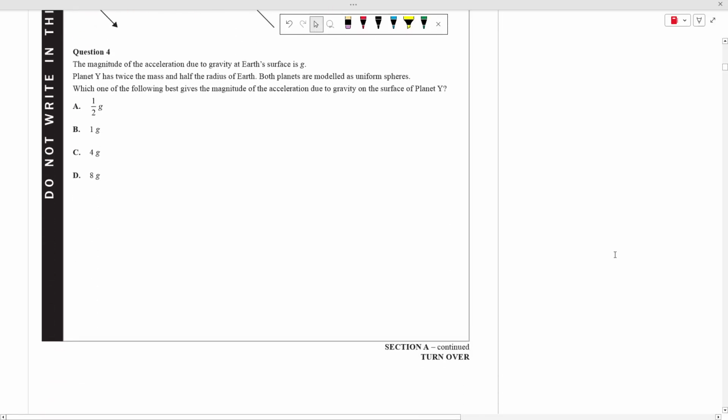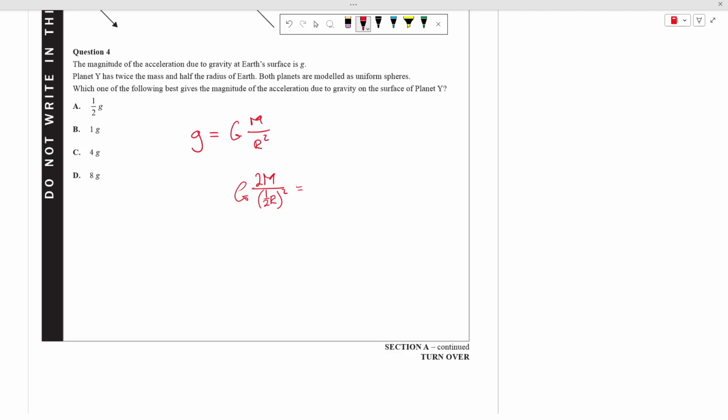Question 4. The magnitude of the acceleration due to gravity at Earth's surface is g. Planet Y has twice the mass and half the radius of Earth. Both planets are modeled as uniform spheres. Which of the following best gives the magnitude of the acceleration due to gravity on the surface of planet Y? Okay, so acceleration due to gravity is basically equal to G times M over r squared. So here we are doubling the mass, so planet Y has twice the mass, so we have G times 2M, and half the radius of Earth, so this r is being replaced by half r, okay?